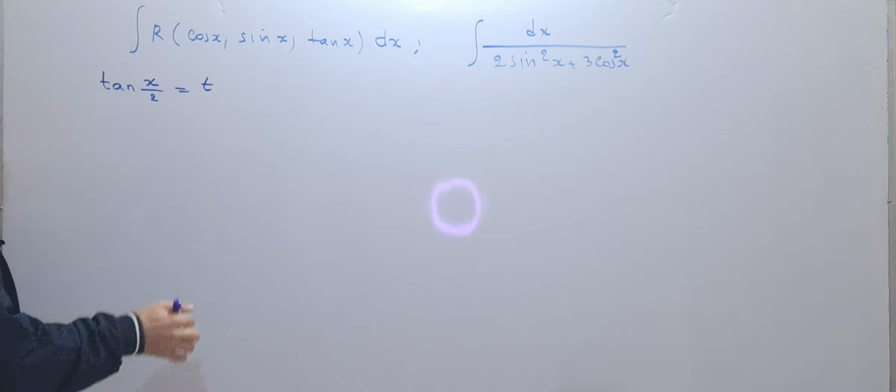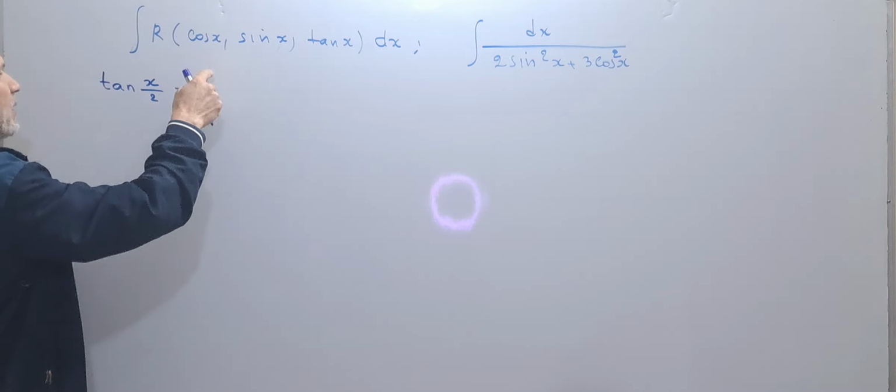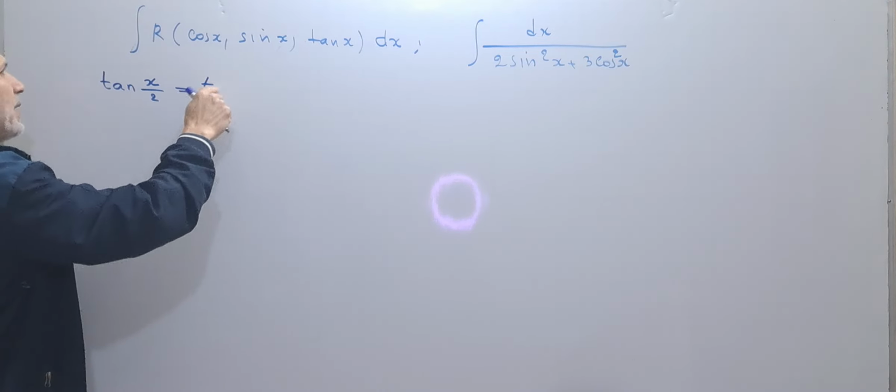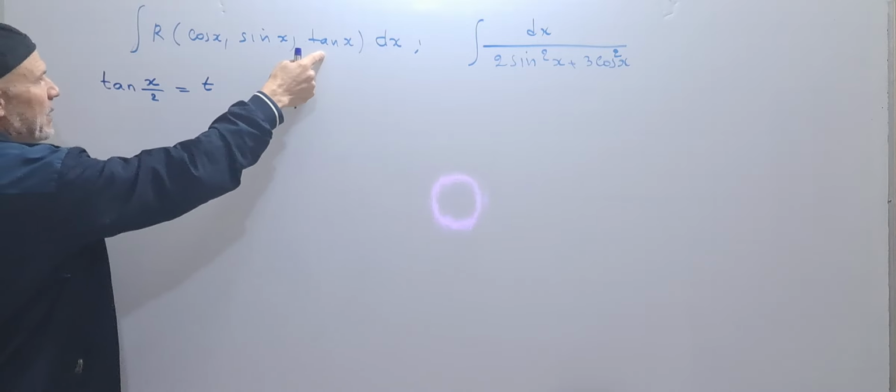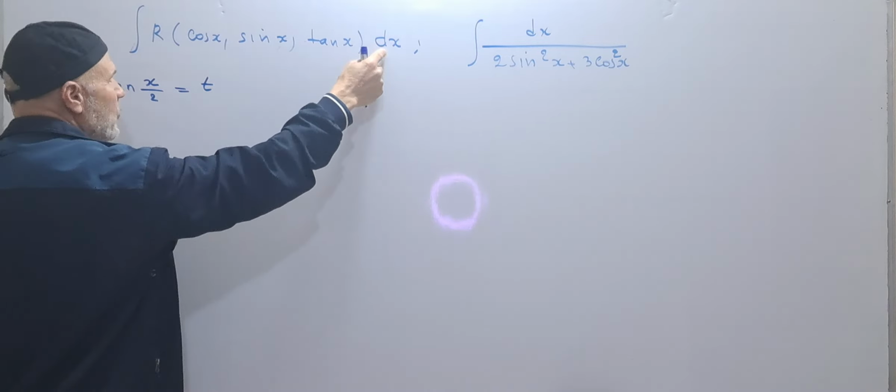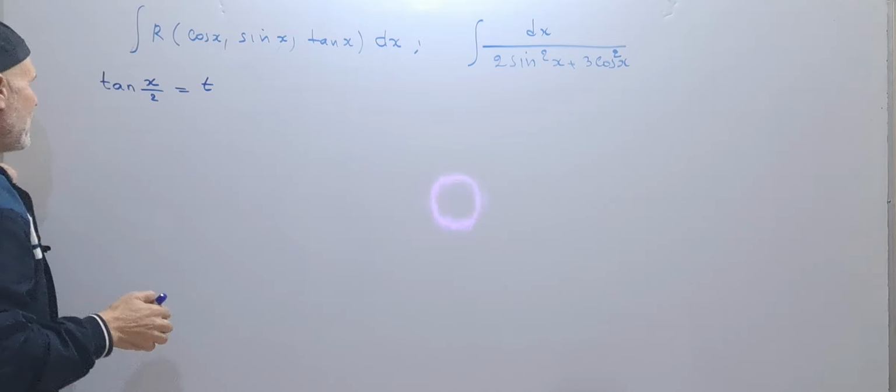And here we have to describe cosine with respect to t, sine with respect to t, tangent with respect to t, and dx with respect to dt.